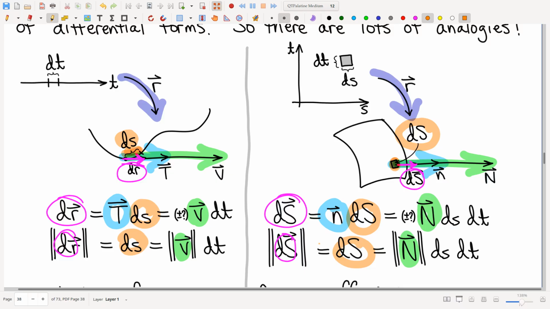But more practically, where the rubber meets the road: because of how strong this analogy is, once you understand this, you understand the pattern. You don't have to relearn a whole new pattern. It's the same pattern. So what you understand about vector line integrals should help you solidify an understanding of vector surface integrals by recognizing the pattern.